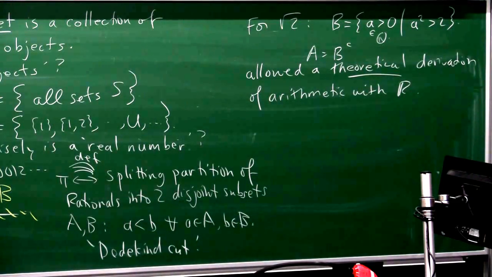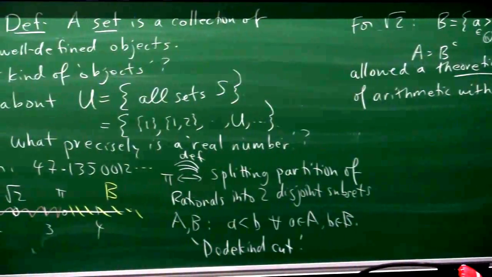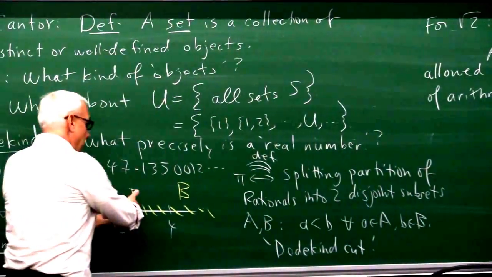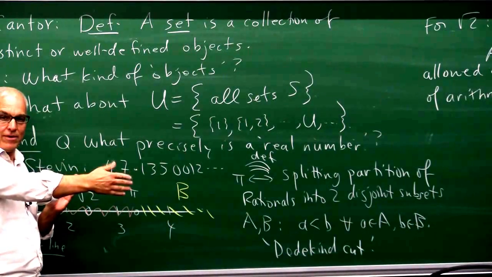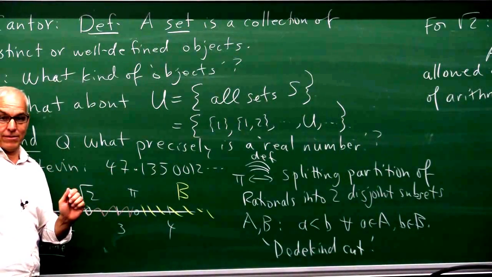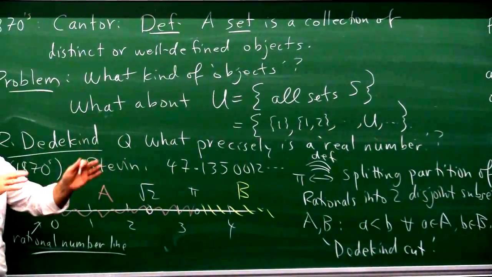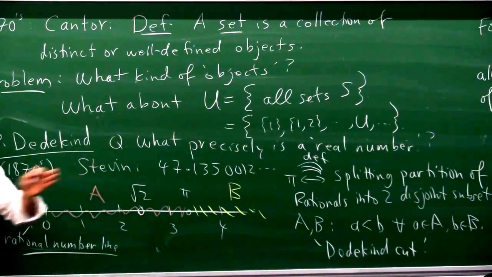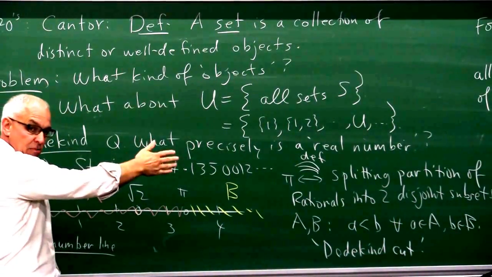Okay, so Dedekind's idea was that if we want to define what a real number is, what we can do is we can think about it as being a subdivision of the rational numbers into two disjoint subsets. That is what a real number is, according to Dedekind. It's not an infinitesimal, it's not a Cauchy sequence or equivalence class, it's just a splitting of the rationals into two pieces, like you get that with a knife, you chop the rationals into two pieces.